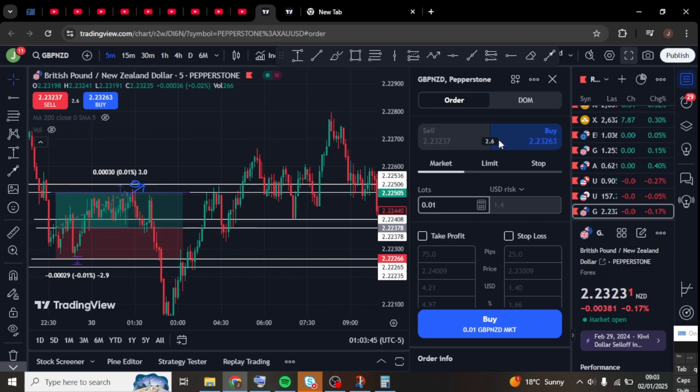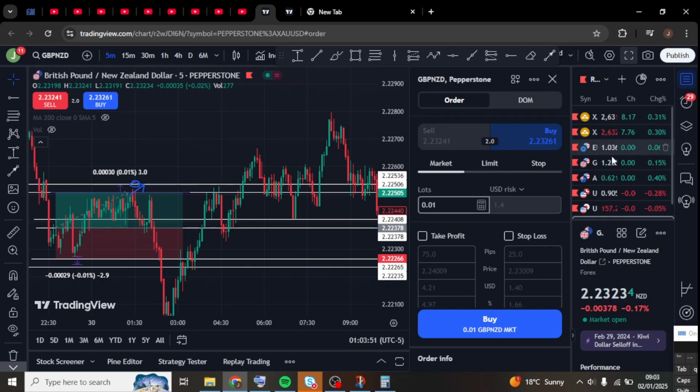I want you guys to look at this number as I change all these different pairs. Right now we are having almost 2.9, 2.5, almost 3 pips on New Zealand British pound and the New Zealand dollar.